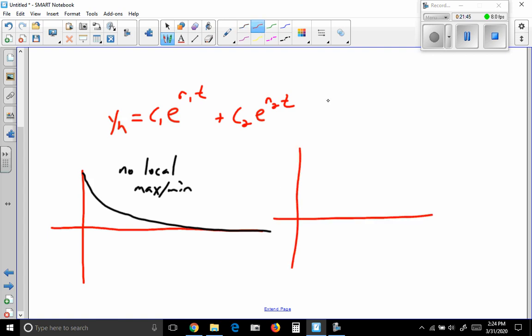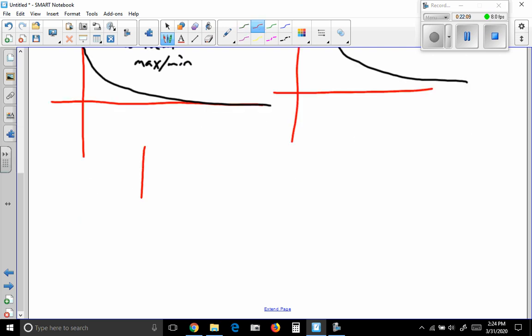We could have the situation that when we start, it's still on the way up, but because it's so overly damped, it has so much resistance, it doesn't get to go below equilibrium, so it's slowing down. So we have one local max, or we can have a situation where we have one local minimum, where it starts up here and it goes down, but once it reaches this minimum value, it's so damped that it can't get past equilibrium again.